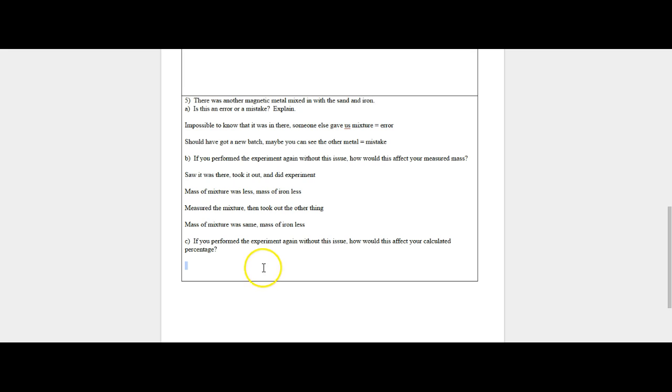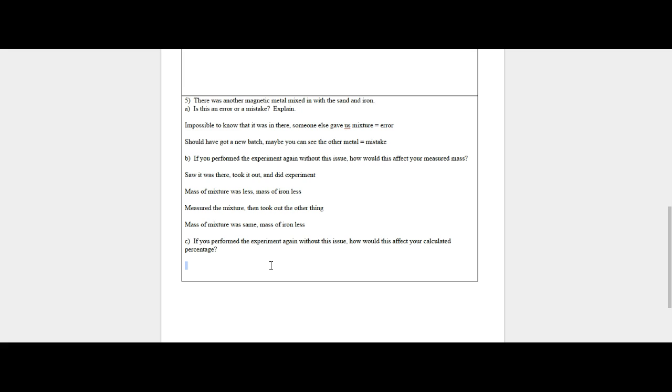Maybe you measured the mixture, then took it out. Then that means the mass of mixture was the same, but the mass of the iron was less. Now down here, that would affect everything. So those are, again, kind of two possible answers. Most people got this right, but if it wasn't clear which one you were doing, that kind of did mess you up.